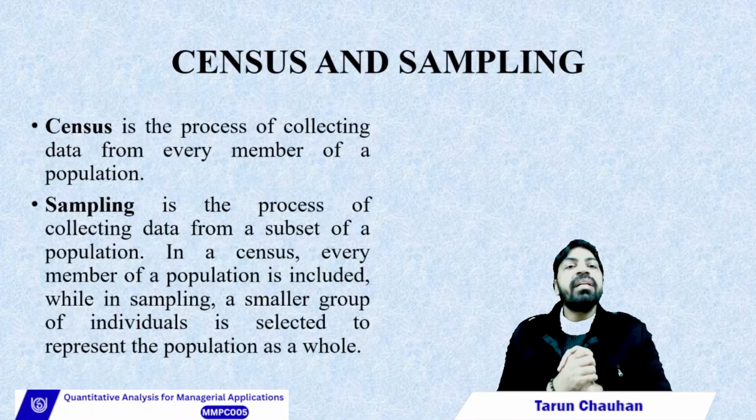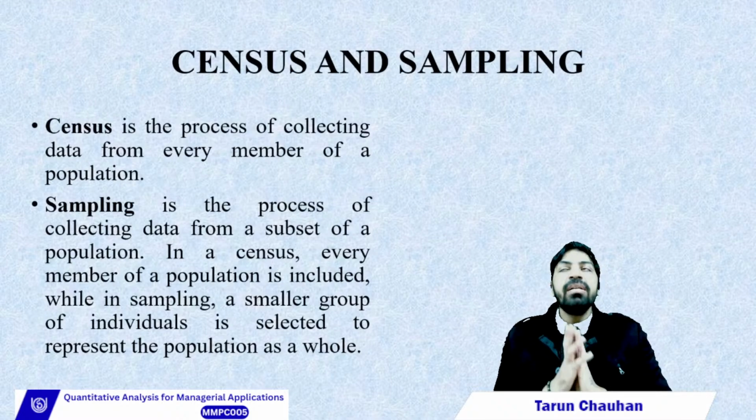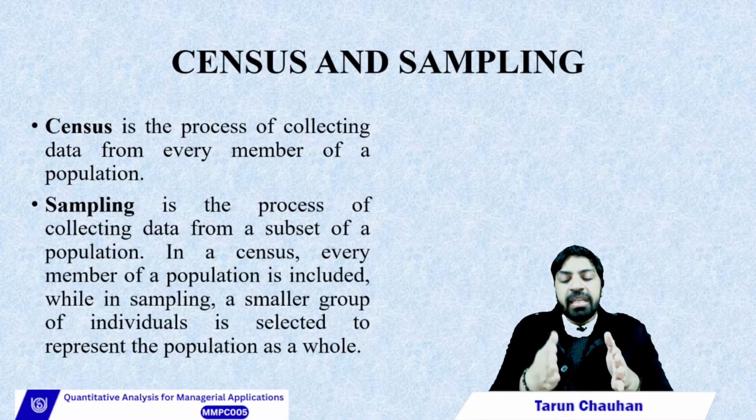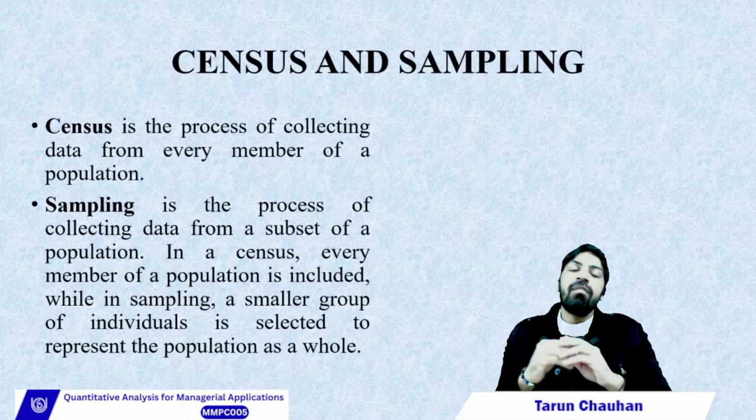Now we can take up the next concept, that is census and sampling. Census is the process in which a researcher collects data from each and every member of the population.